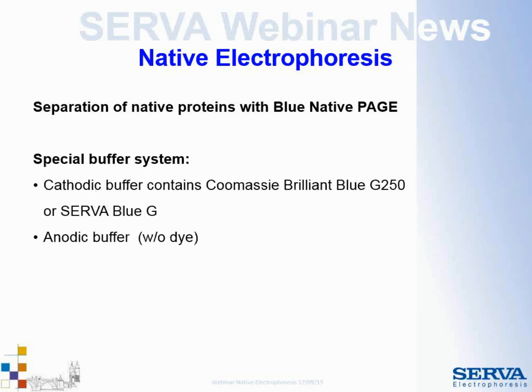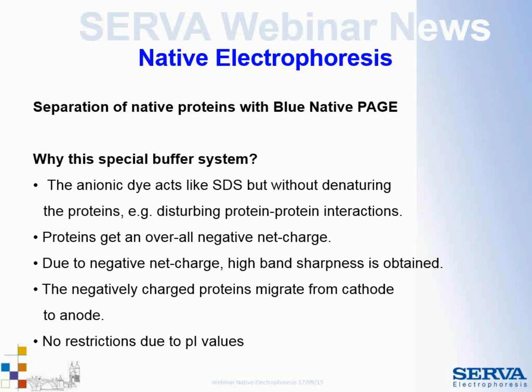So the Blue Native page is performed with a special buffer system. The cathodic buffer contains Coomassie Brilliant Blue, or the equivalent Serva Blue G, and the anodic buffer does not contain any dye. So what's the reason for this special buffer system? The anionic dye, the Coomassie, acts like the detergent SDS, but without denaturing the protein, so the protein-protein interactions are not disturbed.